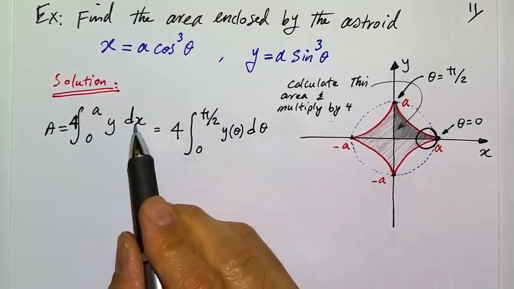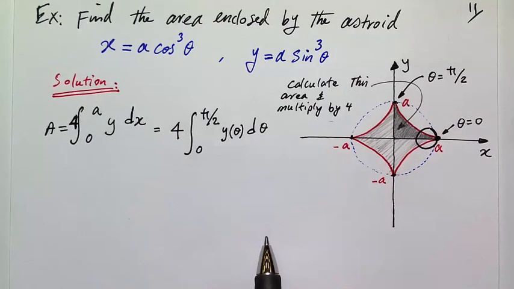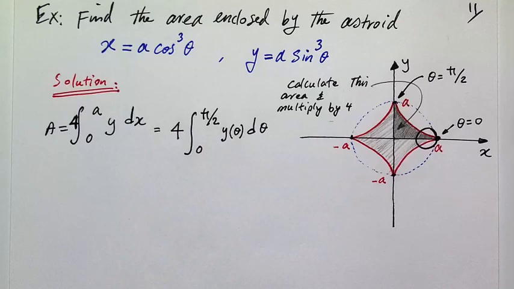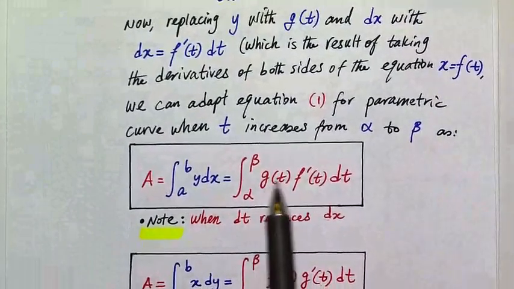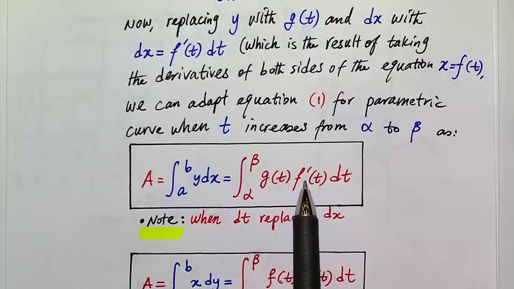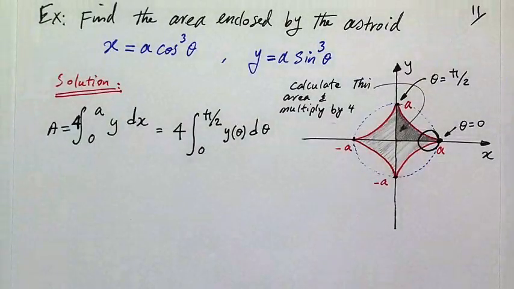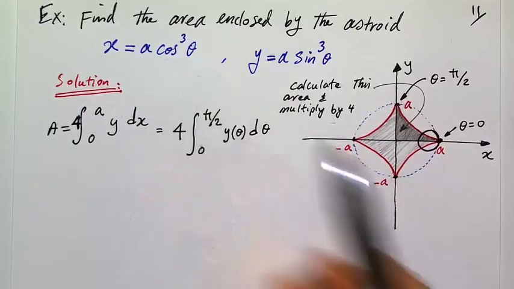So we switched over from dx to d theta. And because we're integrating with respect to x, y of theta, and then we're going to take the derivative of the other equation, the equation that represents x. We're going to take the derivative of that, d theta.